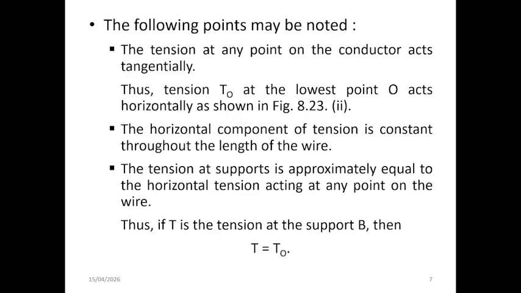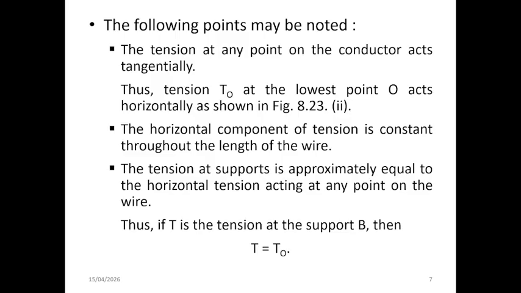Another important point is that the horizontal component of the tension remains constant throughout the entire length of the conductor, regardless of position. This is very important. This is a fundamental concept used in transmission line analysis.